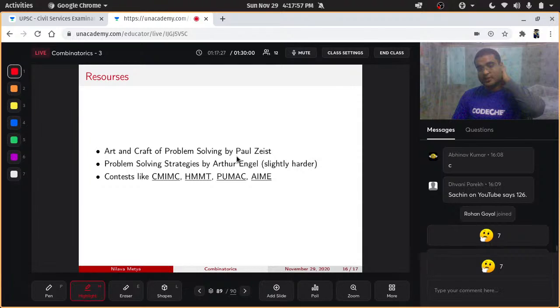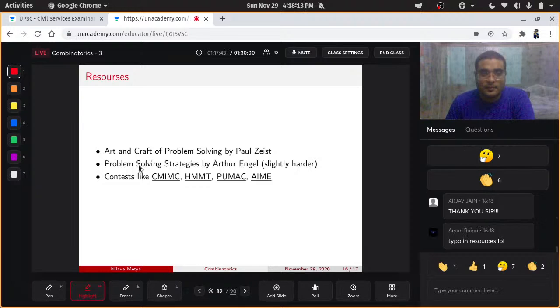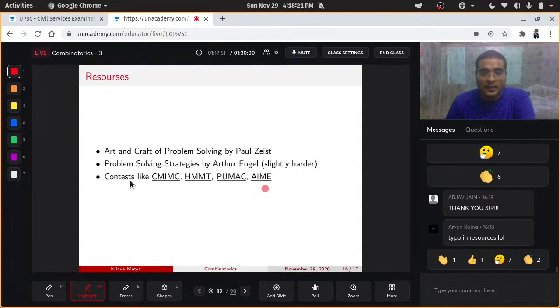With this, we have come to the end of the Combinatorics module for the ZIO Learning Program as a part of the ICO series. Another resource is Problem Solving Strategies by Arthur Engel, which is a bit harder. And these are the contests. These are clickable links given in the PDF.